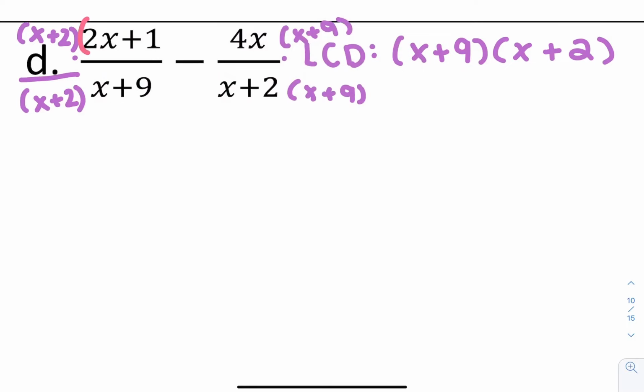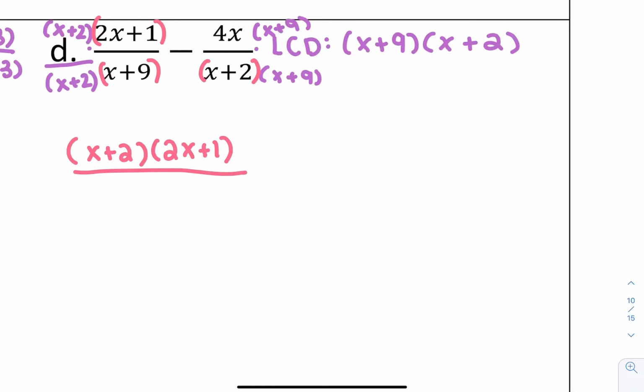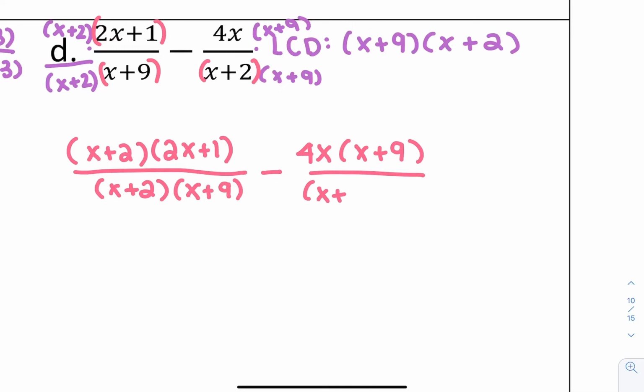So please remember to put parentheses around everything. So now I have x plus 2 times 2x plus 1 all over x plus 2 times x plus 9 minus 4x times x plus 9 all over x plus 2 times x plus 9.